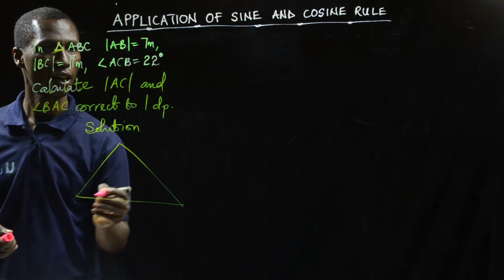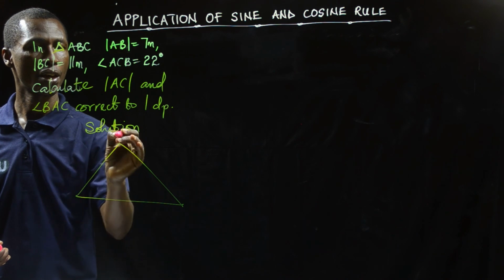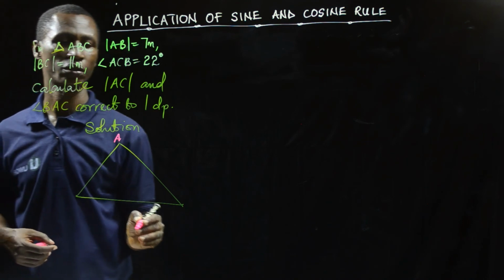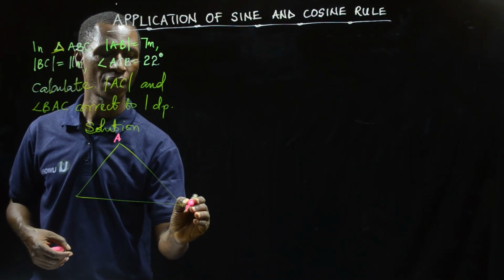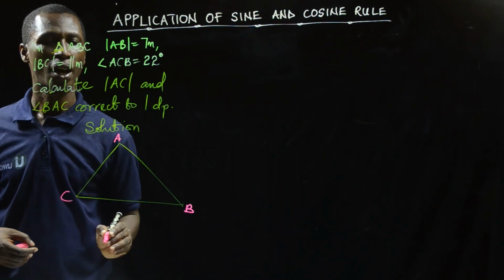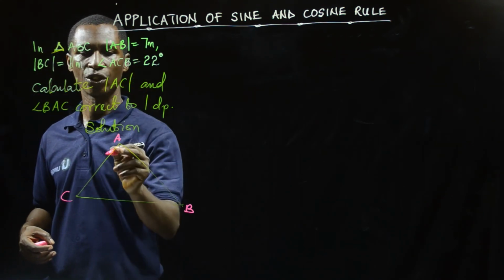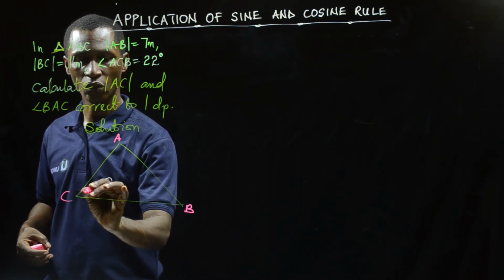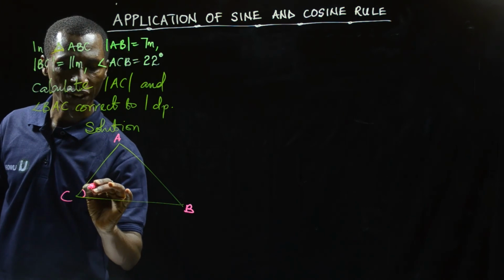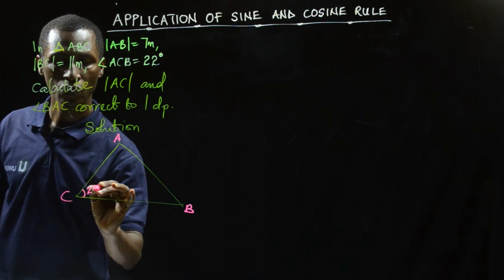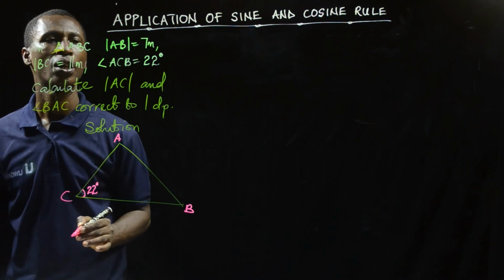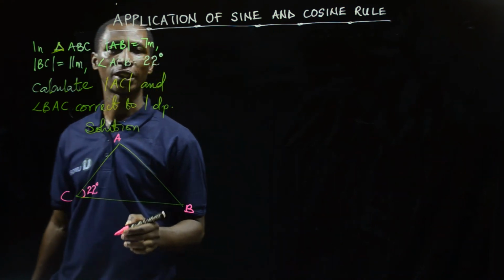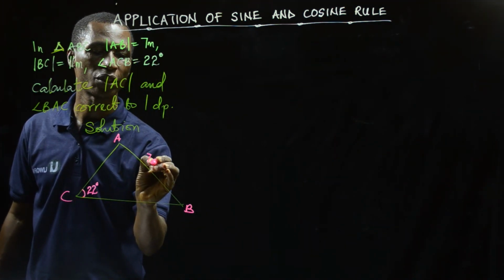A is at the top, then B, then C here, and the angle is ACB. So the 22 degrees is located at the point C. We have the length AB to be 7 meters.